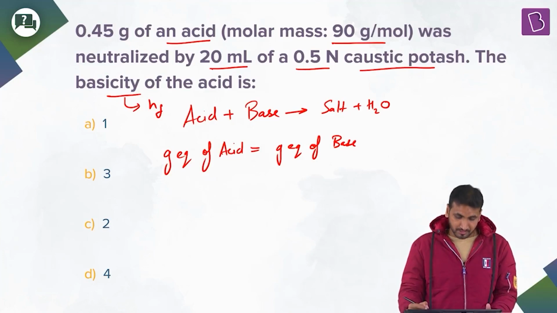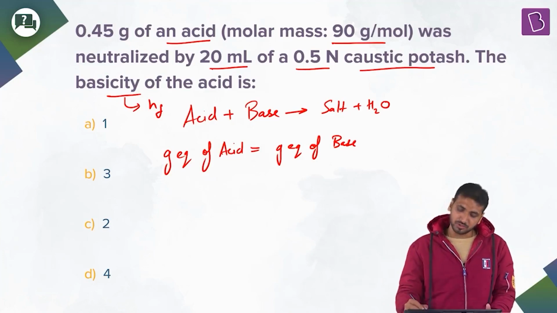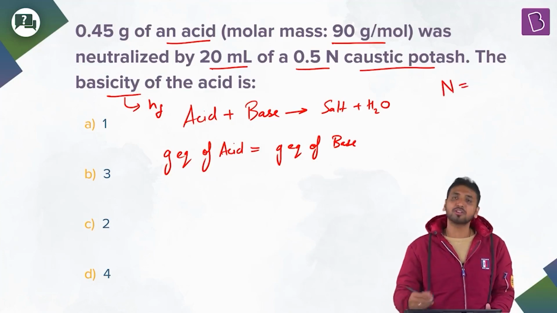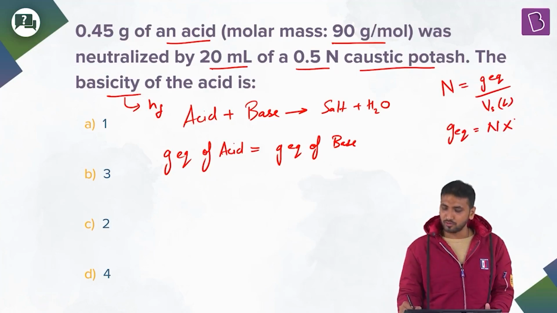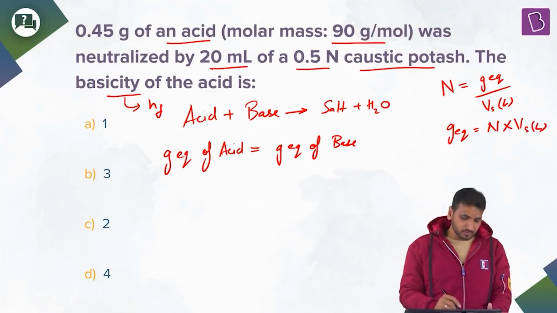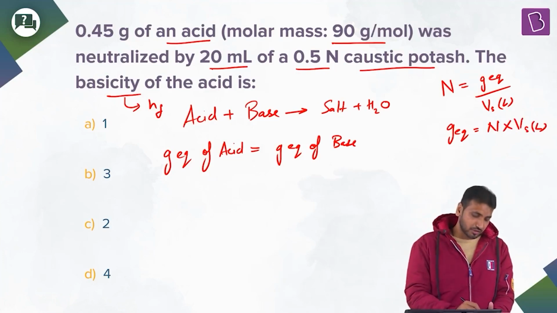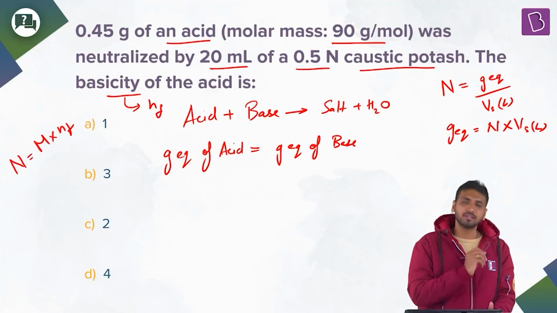So I have normality value. See, this is one thing. Normality. The formula for normality is what? Gram equivalent upon volume of solution in liter. So from here I can say gram equivalent is nothing but normality into volume of solution in liter, right? There is one more relation, that normality is equal to molarity into n factor, right?